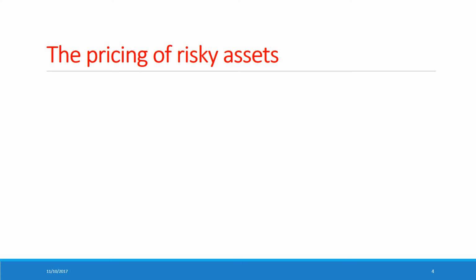So the main purpose of this topic is to look at the pricing of risky assets. As we mentioned before, the key issue in finance or investment is how do we describe the risk-return relationship, right? So if we were to choose a certain investment, how much return is adequate to compensate for the riskiness of the investment?